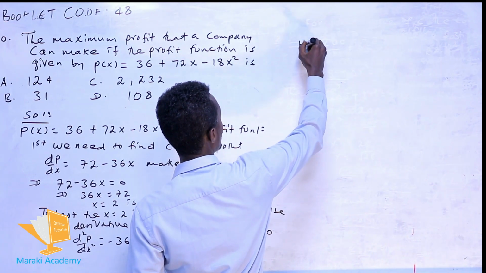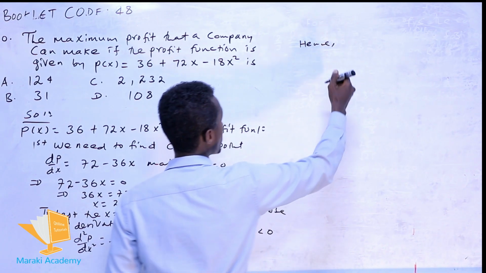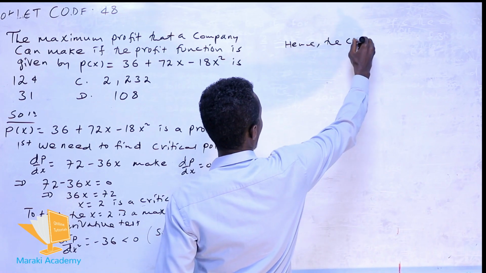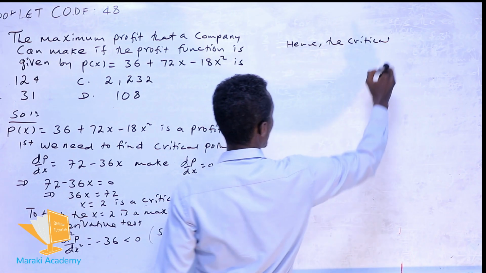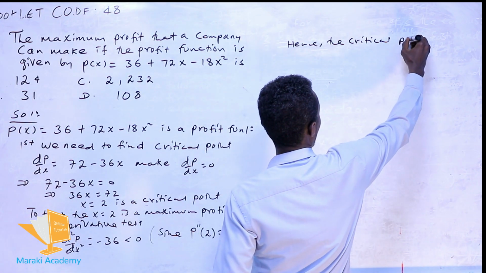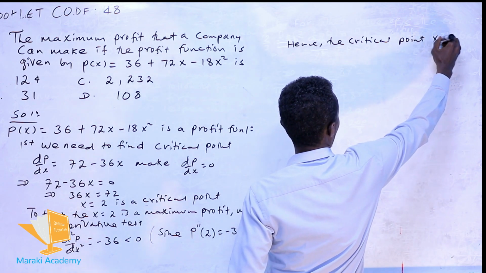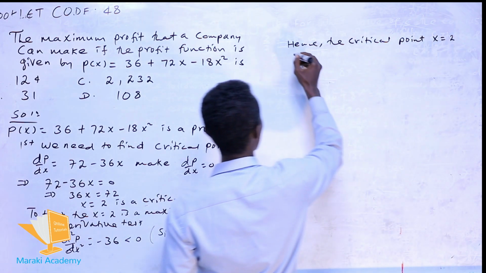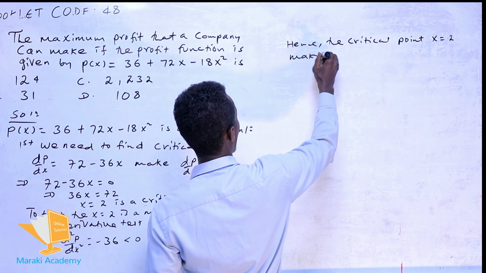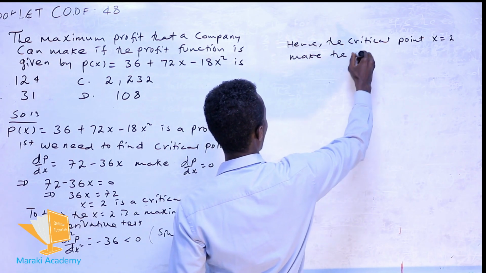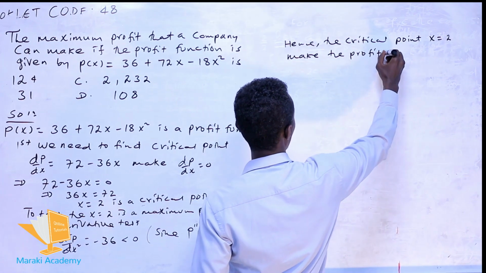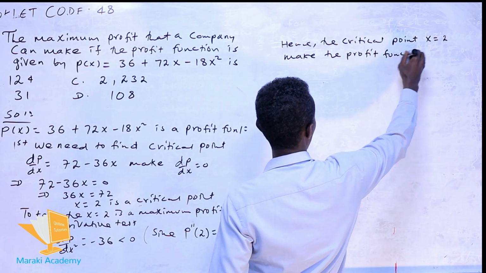Therefore, we say hence the critical point x equal to 2 makes the profit function maximum.